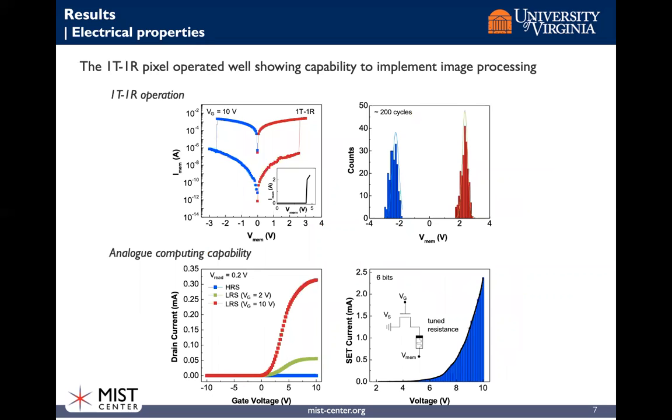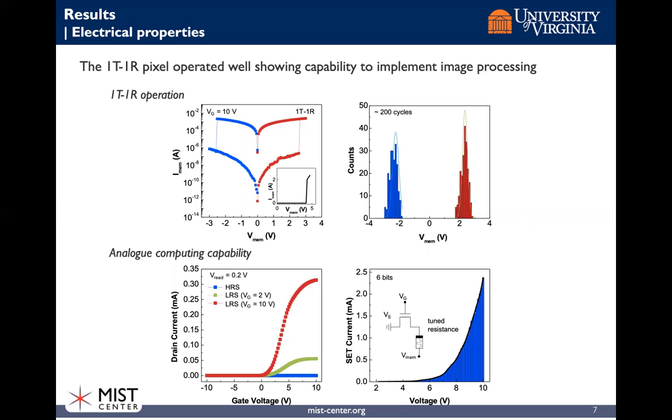Then we have characterized the heterogeneously integrated one-transistor, one-memristor system to confirm the functionality to implement those image processing algorithms. We were able to operate this 1T1R array under various conditions to confirm the capability for analog computing.